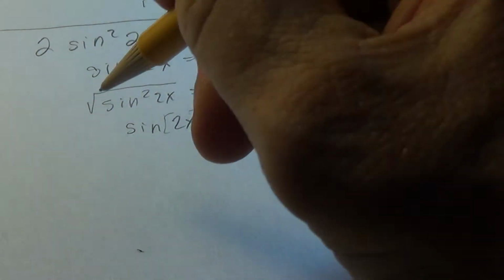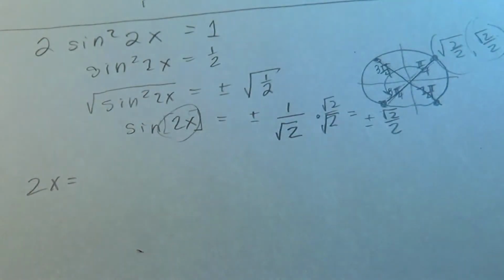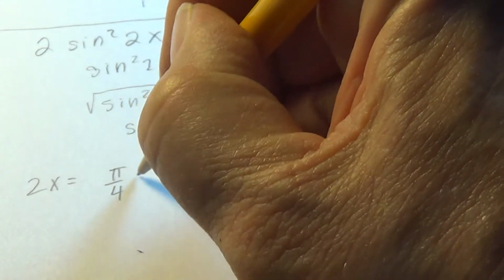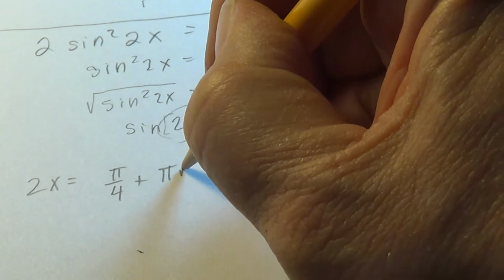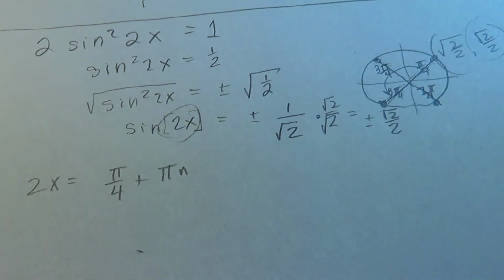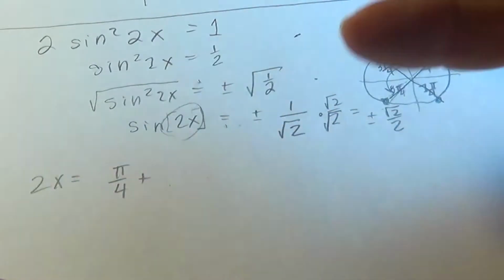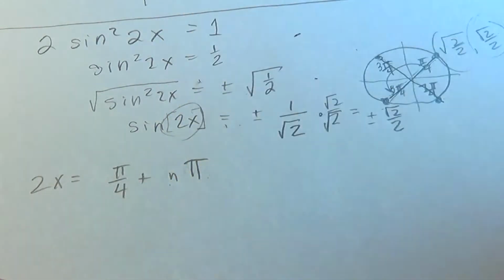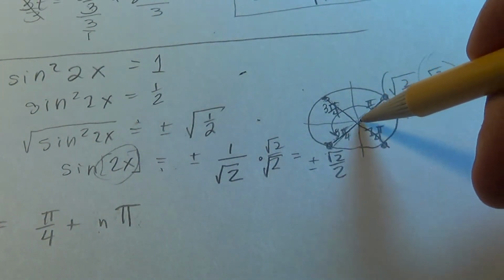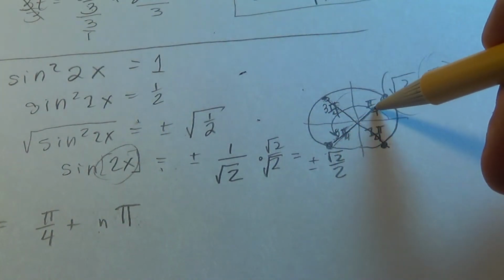So I can just call that, we're working in 2x, so I say 2x equals pi over 4 plus pi n radians. Alright, I guess the professional way is n pi. Alright, n pi. And that will grab this one, this one, and then the next and the next.